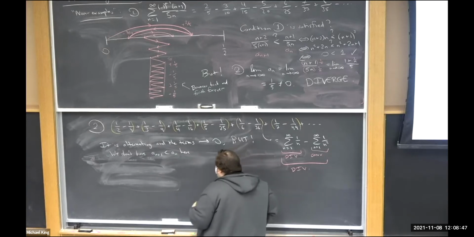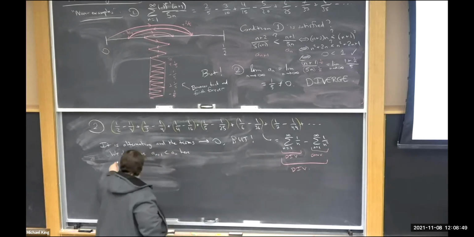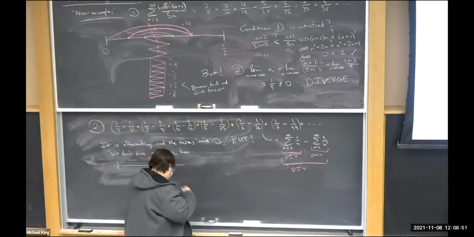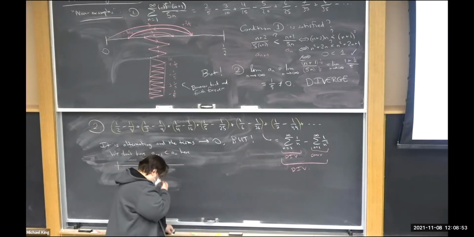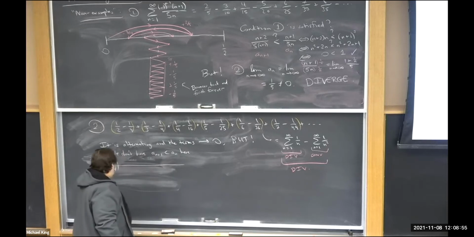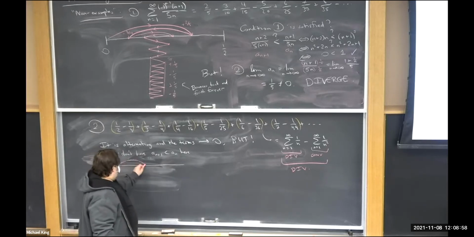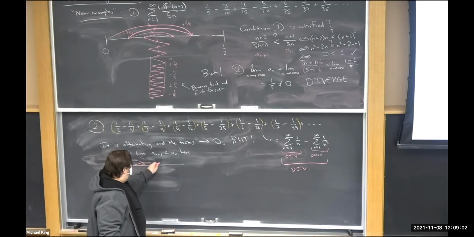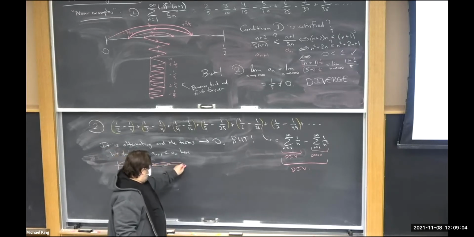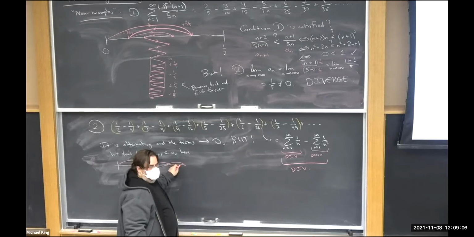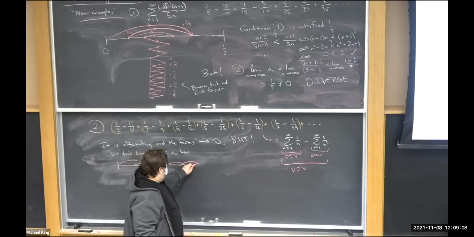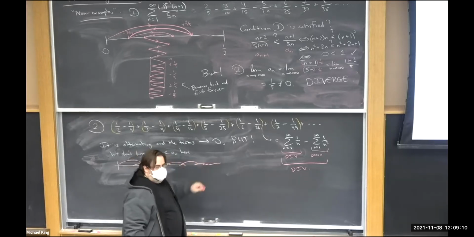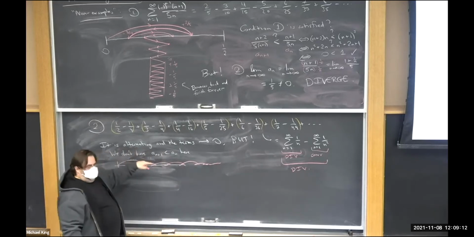Right. And in fact, if you tried to build this by bouncing, try to do my bouncing game, you would have something like a half minus a quarter plus a third minus a ninth plus a fourth minus a 16th plus a fifth minus a 25th. So it's slowing down, but it's still the net each time.